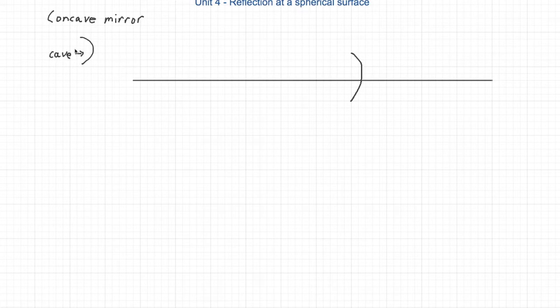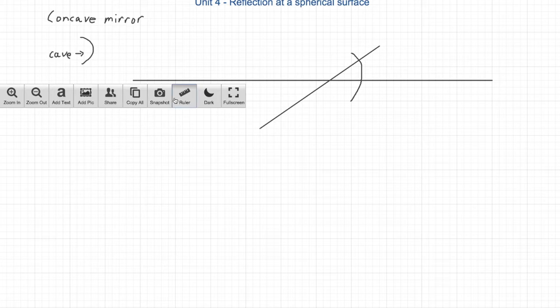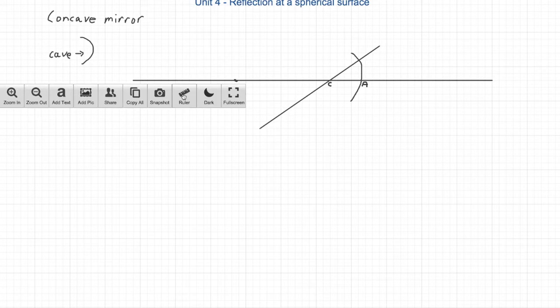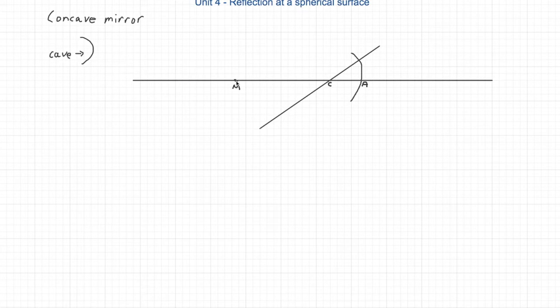And after traveling so far and so fast, it can take a rest inside this cave that we've constructed. So a concave mirror is shaped like this cave. Convex goes the opposite way. Okay, we'll arbitrarily say the center is at C, A is the vertex, and our object is at point M.